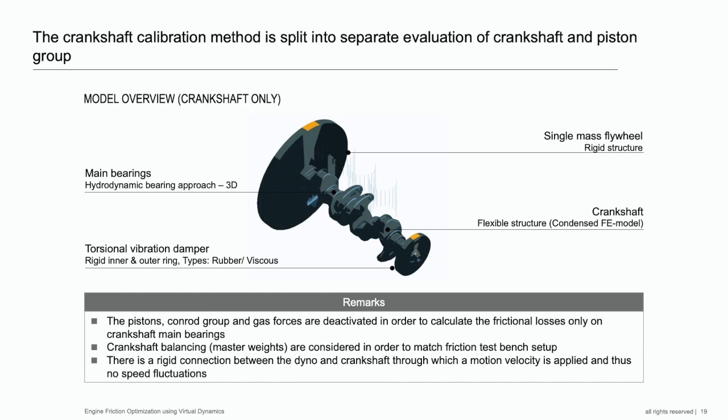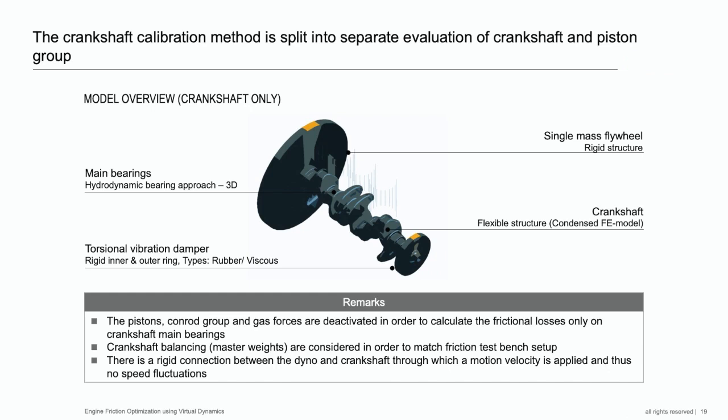This model is considering the hydrodynamic 3D bearing approach, that is also considering the effect of reduced oil film heights due to bending and misalignment of your crankshaft inside of the bearings. It comes with the consideration of a torsional vibration damper and a single mass flywheel.